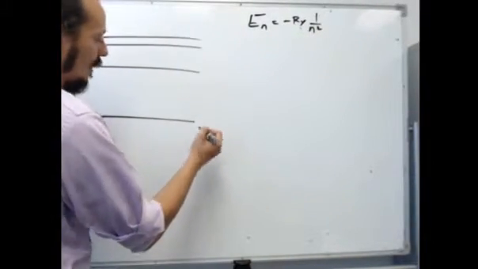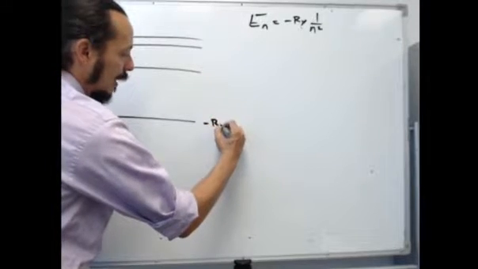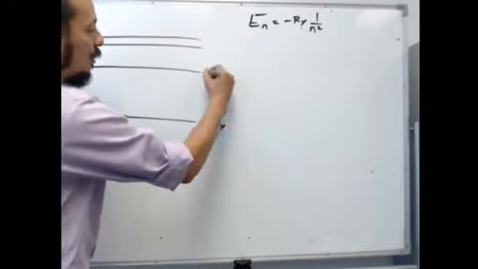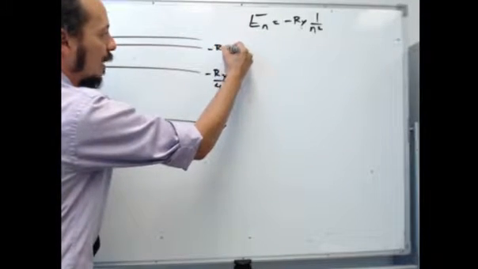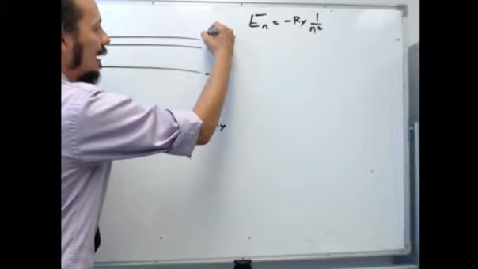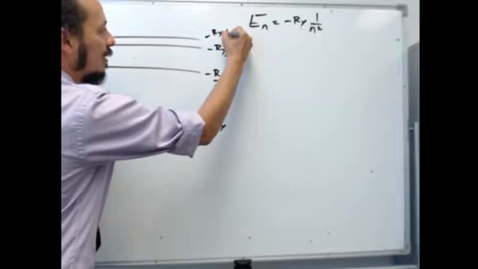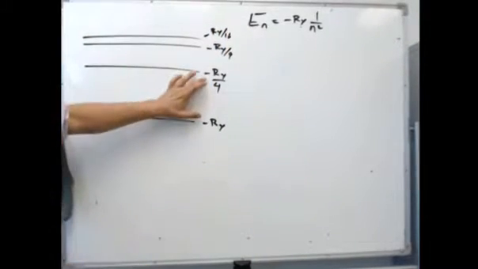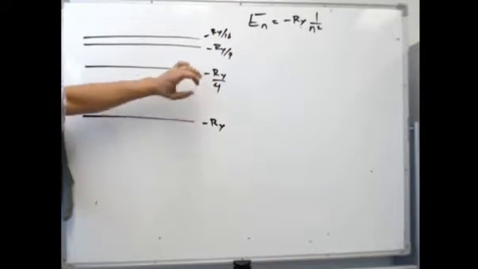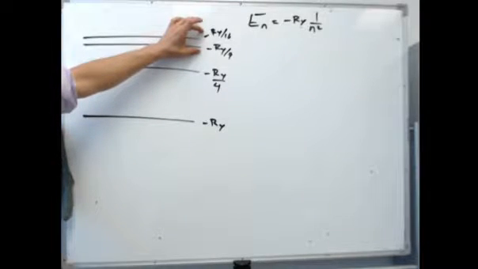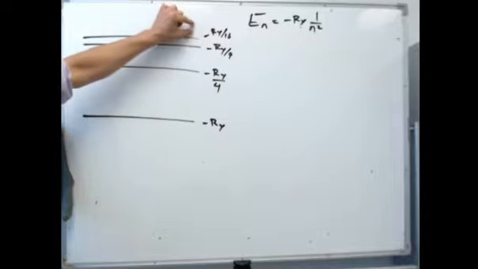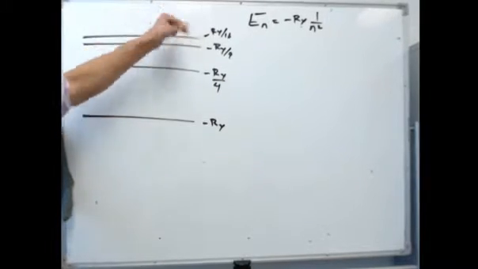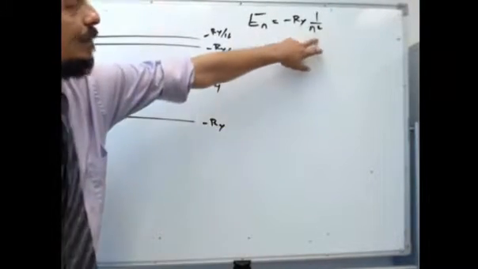So when n equals 1, this is negative Rydberg constant. When n equals 2, this is negative Rydberg constant over 4. When n equals 3, negative Rydberg constant over 9. When n equals 4, over 16. The difference between 1 and a quarter is much larger than the difference between a 16th and a 9th. And as you keep going, the next one's a 25th, and the difference between a 16th and a 25th is even smaller than 9 and 16. It is the inverse n squared.